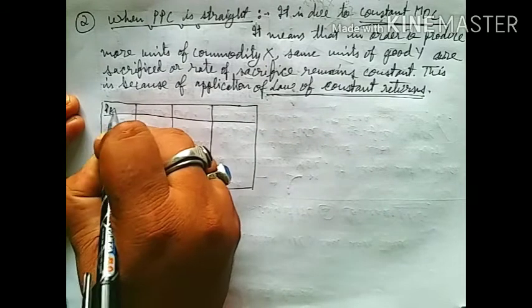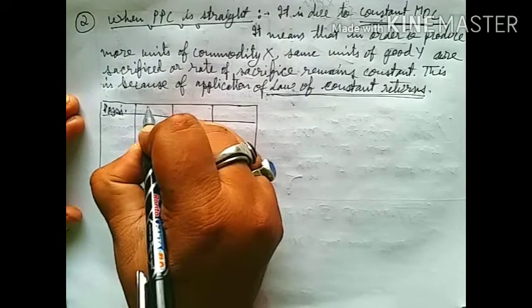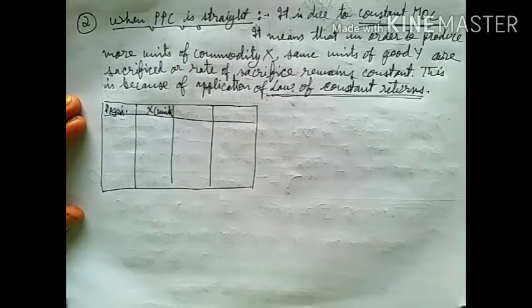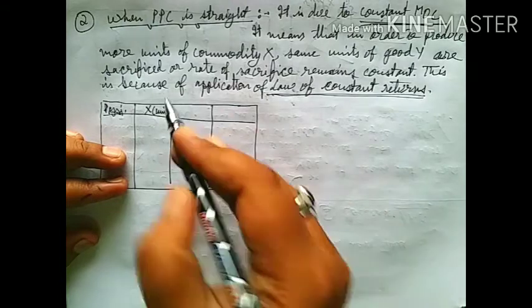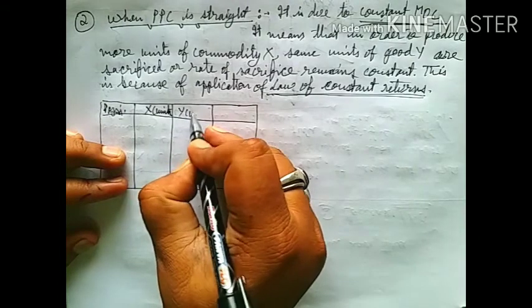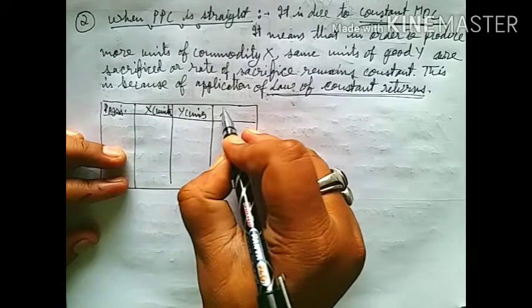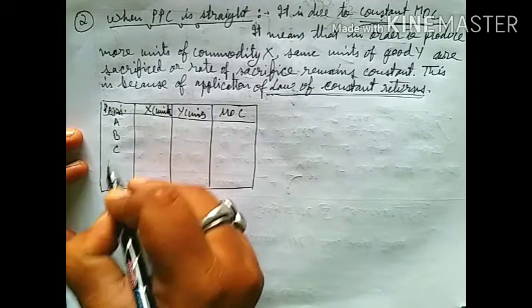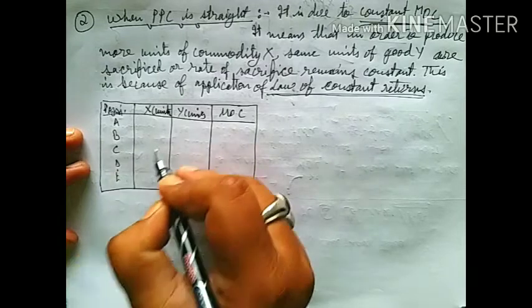Possibility, X units, Y units, and MOC. A, B, C, D, and this is E.